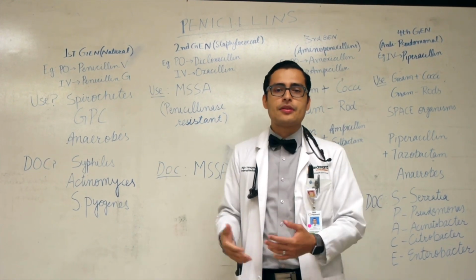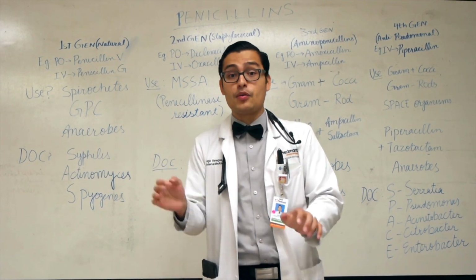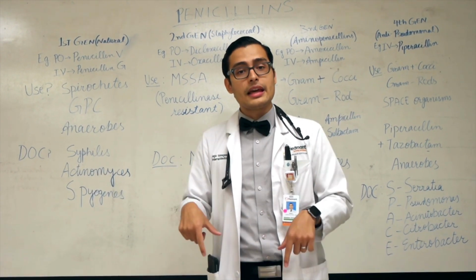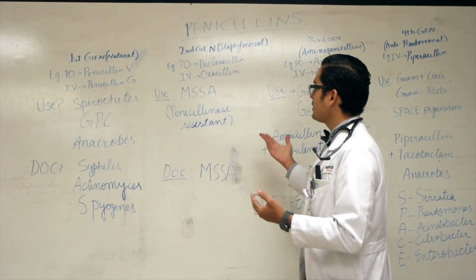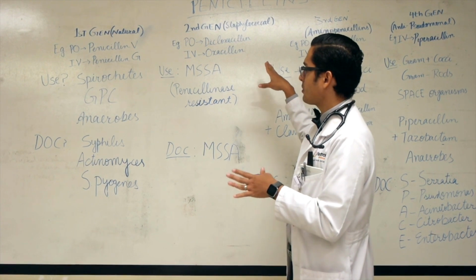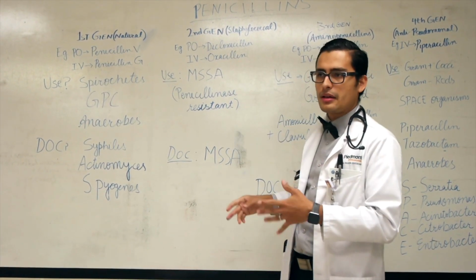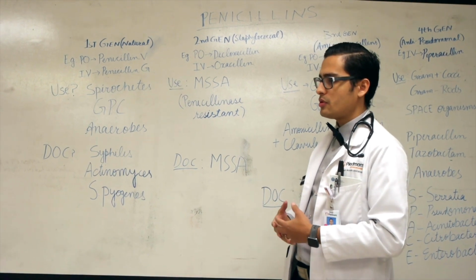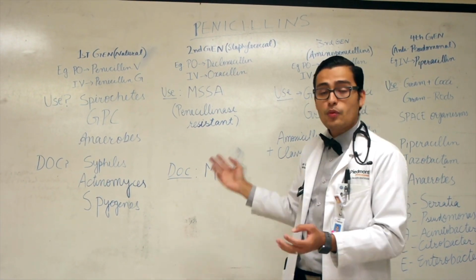There are other names like nafcillin and methicillin that we no longer use because of interstitial nephritis. For this particular presentation, we don't want to use only oxacillin in PO because of the better absorption in the belly from dicloxacillin.